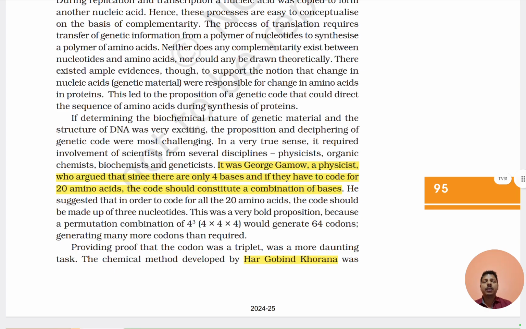Genetic code. It was George Gamow, a physicist, who argued that since there are only 4 bases and they have to code for 20 amino acids, the code should be constituted by a combination of bases. Hence, in order to code for all the 20 amino acids, the code should be made up of 3 nucleotides. This was a very old proposition.